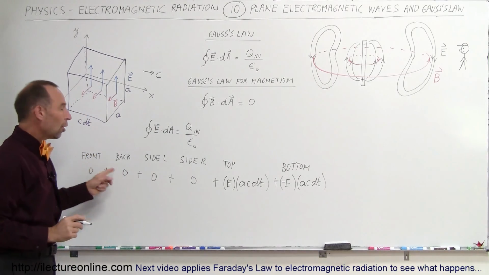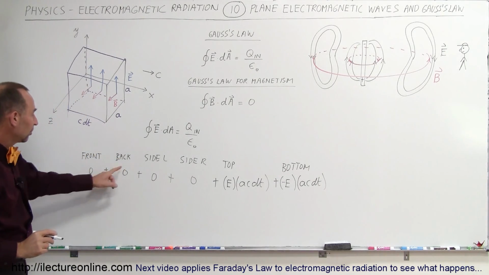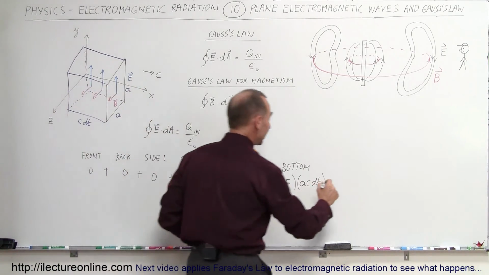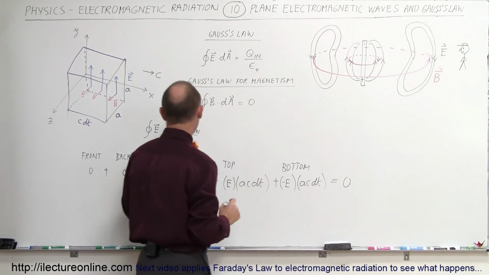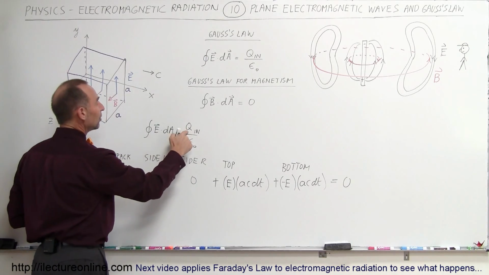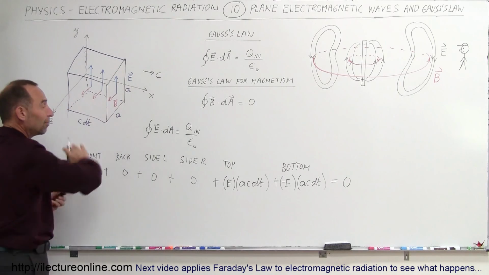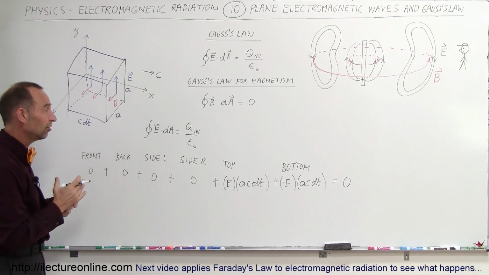So notice that if we add all 6 surfaces together, we get 0 plus 0 plus 0 plus 0 plus these two terms, but they cancel each other out, so the whole thing is equal to 0. And we know that has to equal the Q inside divided by epsilon sub naught. Well, since there are no charges inside, it's simply electromagnetic field disturbances.